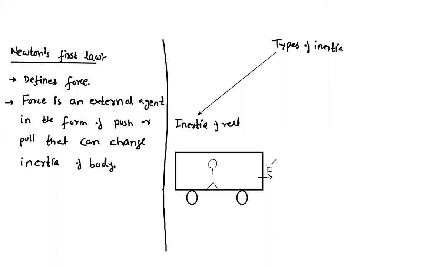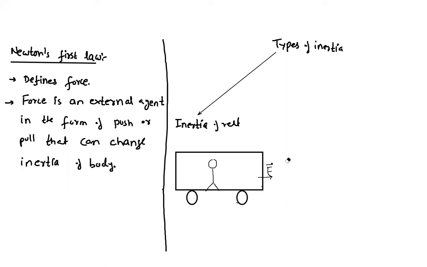The engine applies a force F on the bus, due to which this bus starts moving. Initially, the bus was at rest, so the bus, these tires, and the man standing on the bus will all try to maintain their inertia of rest.